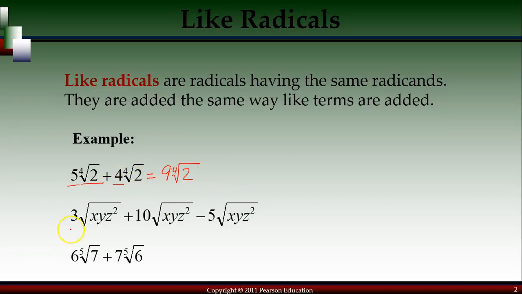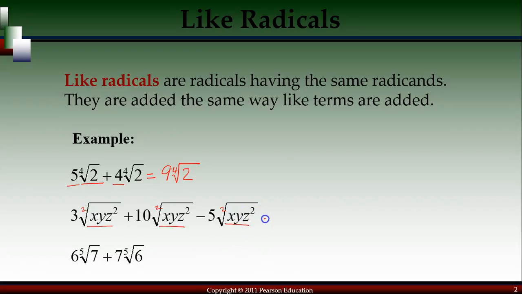Same goes here. It's understood that this is 2 on the outside here. Same here, so they all have the same index. And looking on the inside of our radical, they're all the same values on the inside. So these are considered like radicals.